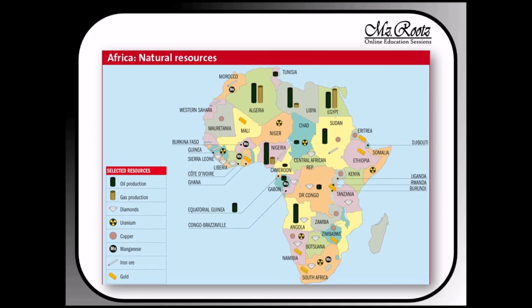If you look to the north, which is the Tropic of Cancer, what natural resources are predominant in that area? Take a look. I'm going to take my arrow and circle the northern area of Africa that I'm talking about.